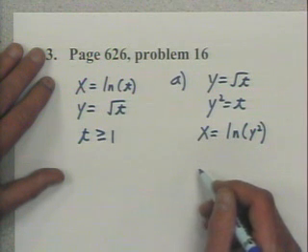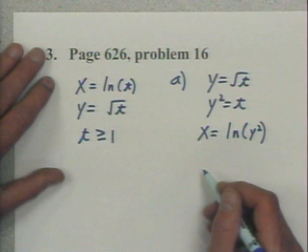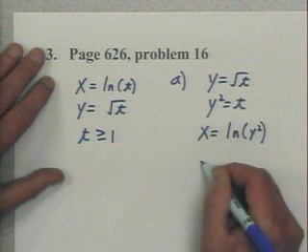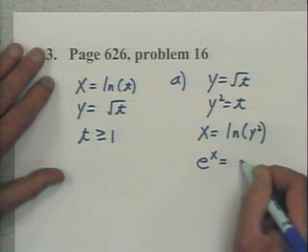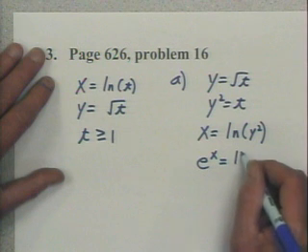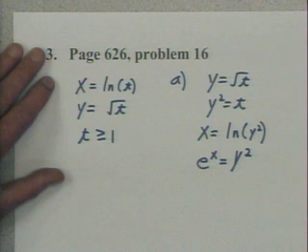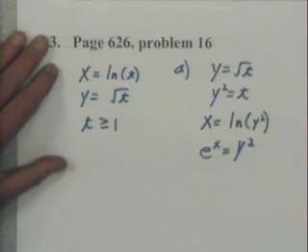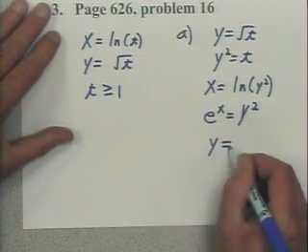Well, how do you solve that for y? You change it to exponential form. So that'd be e to the x, if I remember my pre-calc right, equals, I guess, y squared, right? E to the x equals y squared. Oh, so what does that make y then?